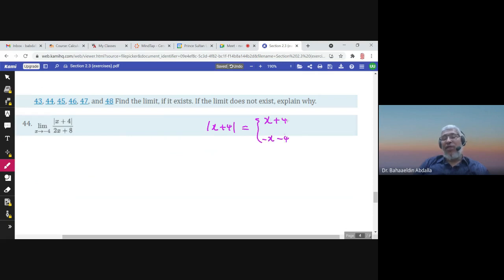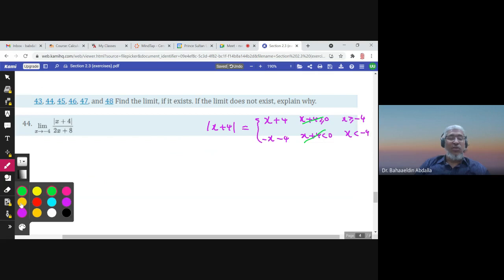It would become x plus 4 if x plus 4 is greater than or equal to 0, and here x plus 4 is less than 0. If you solve this inequality, this means x is greater than or equal to negative 4, and here less than negative 4, you take 4 to the other side. Okay, so forget about this now, and we have this new condition.